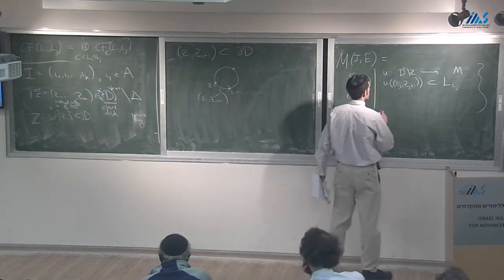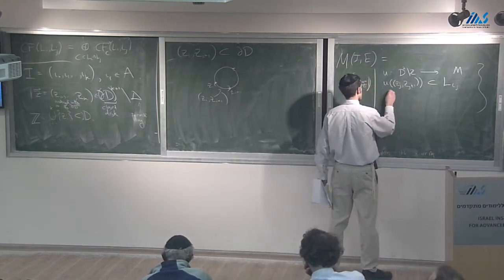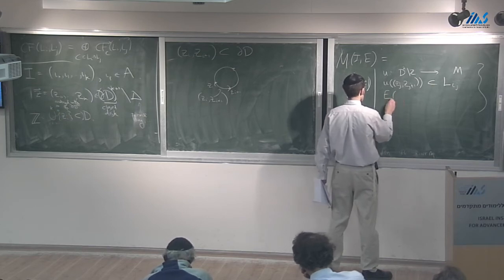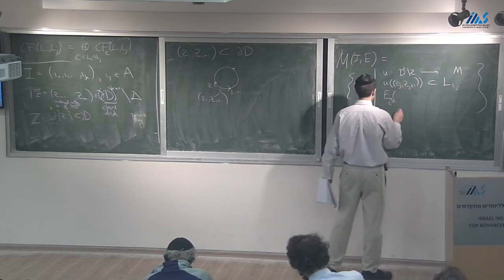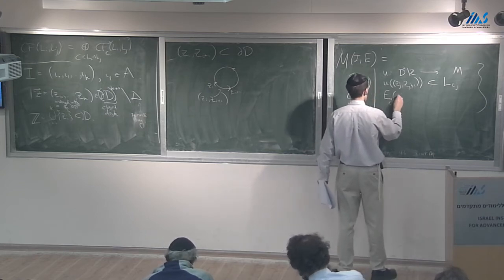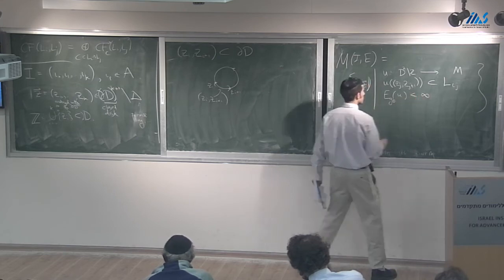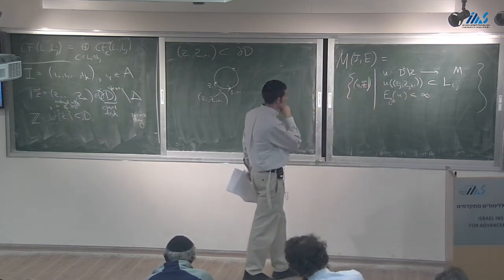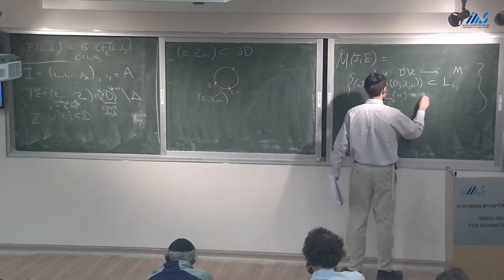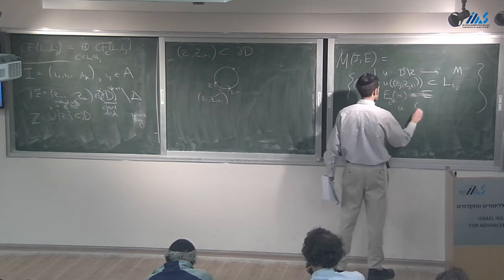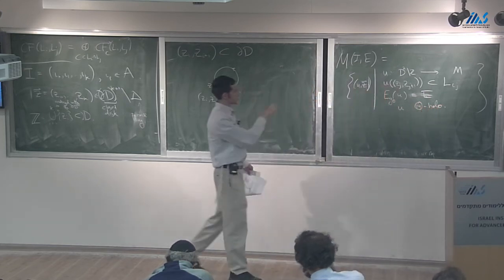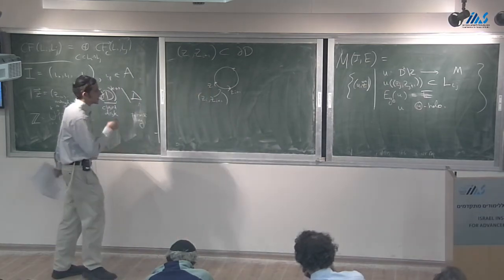So, and I want also the energy with respect to g_theta of u to be less than infinity, and I want, sorry, it should be equal to E. Yes, it has to be u is theta-holomorphic, with respect to, of course, the standard complex structure on the disk.